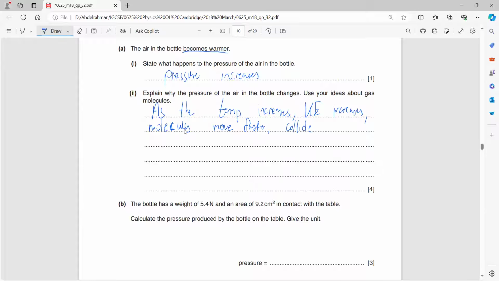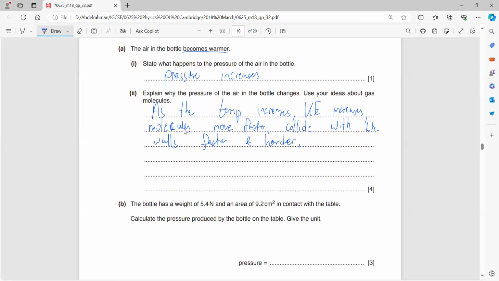I cannot just say collide. You have to state that they collide with the walls. You have to say that they're hitting the walls. You can never say they collide, for example, with each other, or that they just collide. You have to say they collide with the walls, faster and harder.